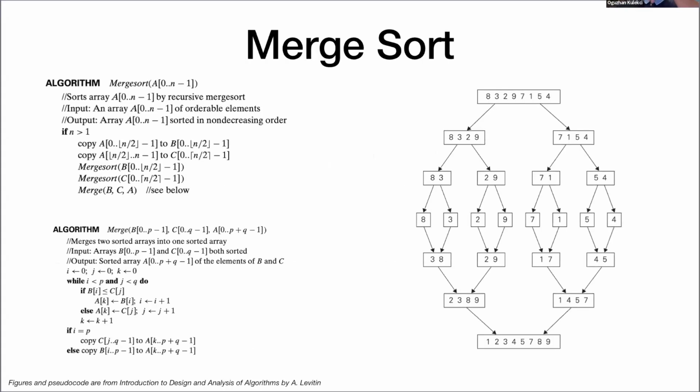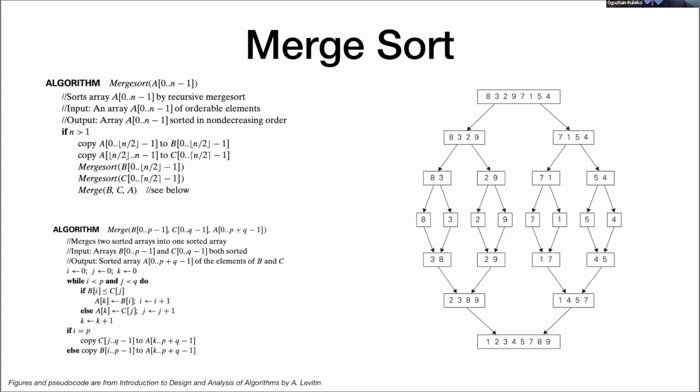For divide and conquer type algorithms, the classical examples are merge sort and quick sort. We will be doing these two algorithms as exemplary divide and conquer representatives. You already studied selection sort, bubble sort, and insertion sort, and we all know that those sorting algorithms have worst case quadratic time complexity, O(n squared), right?